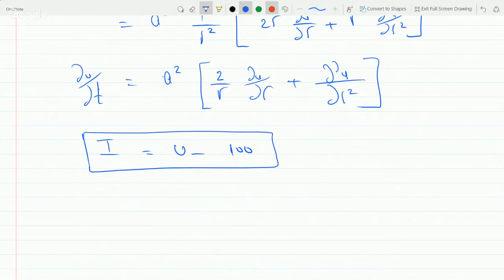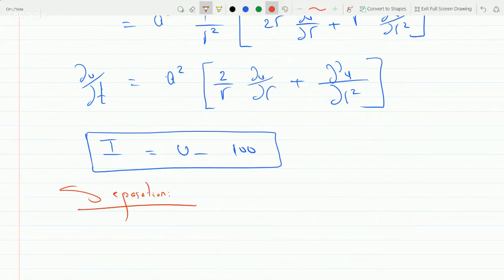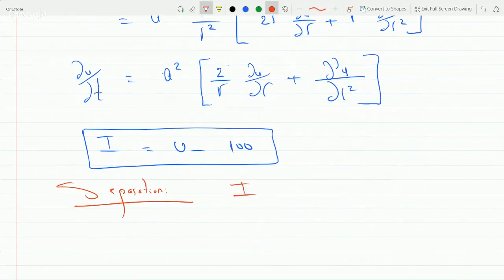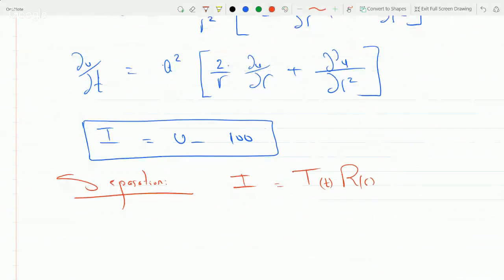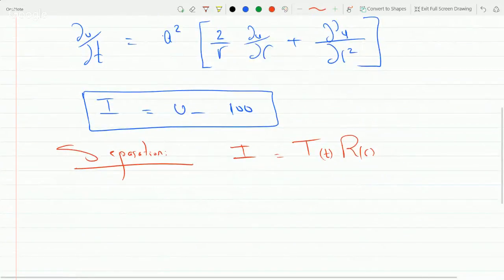So separation: assume solutions of the form I equals T, some function of t, and R, some function of r. We'll take the derivatives.